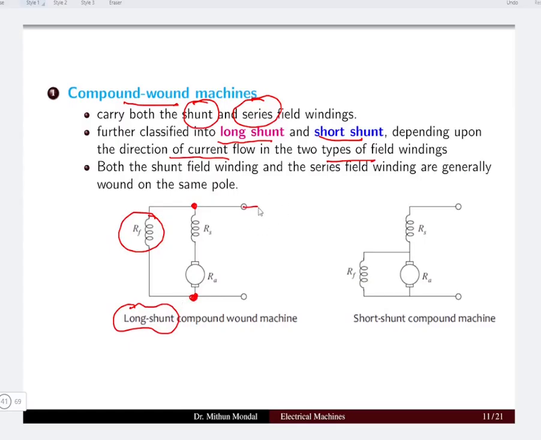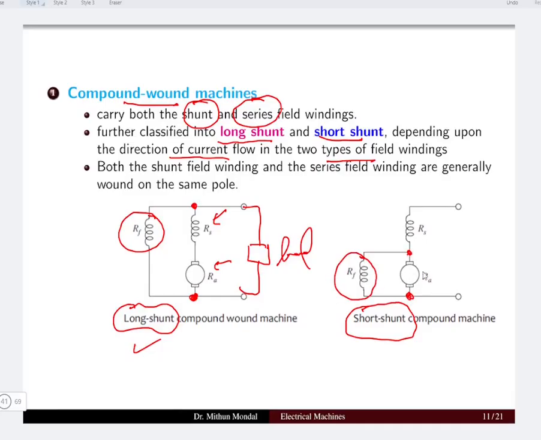So here we will be connecting the load, and if the field winding is connected across the load of the entire machine, with this being the armature and this the series field winding, then that is known as long shunt.